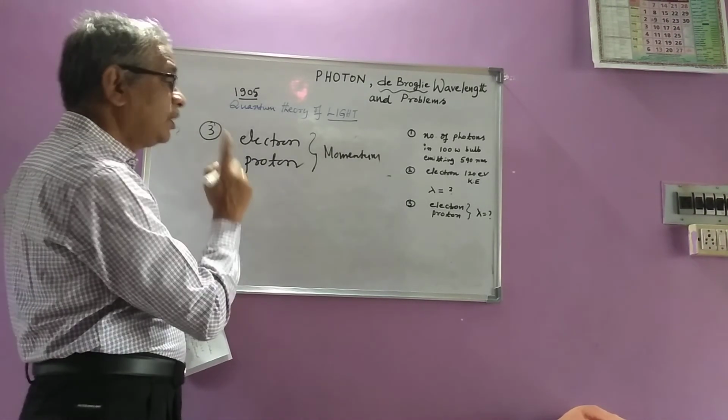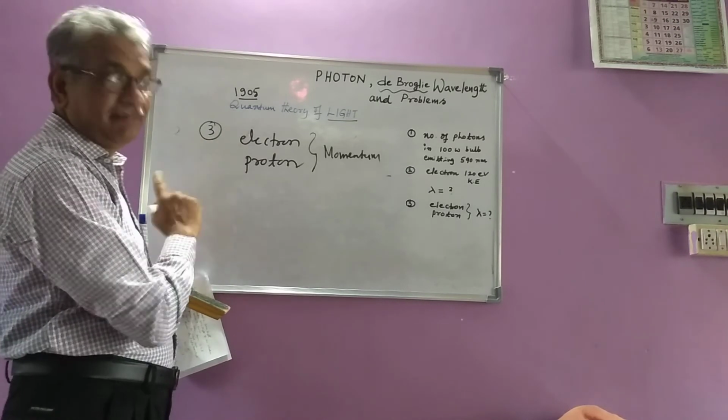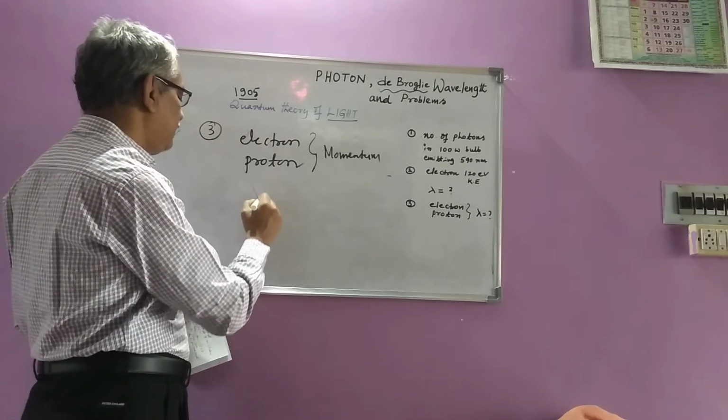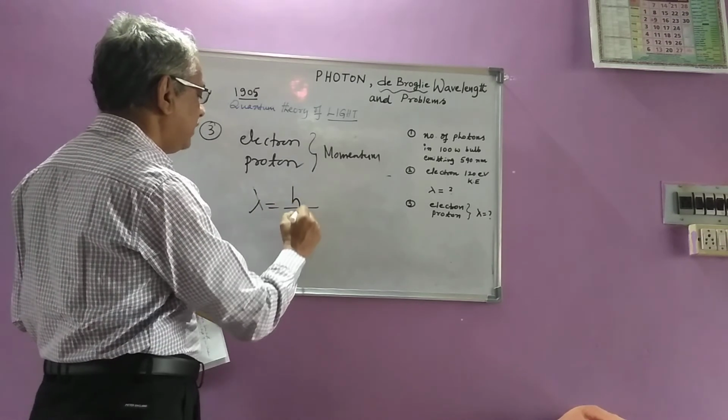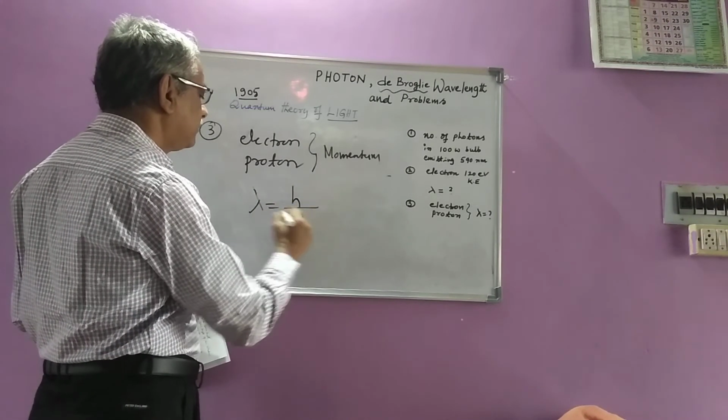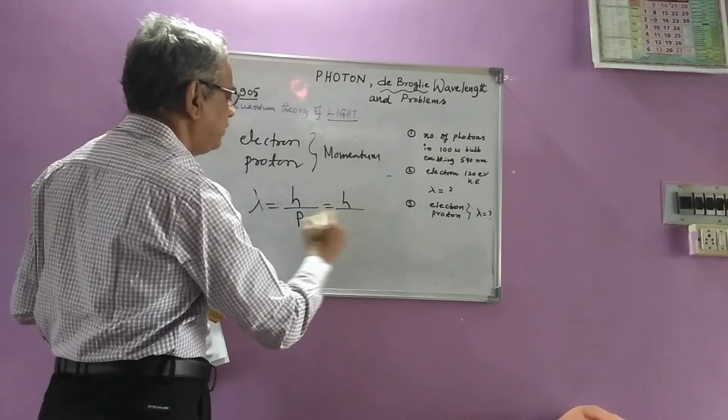Which has got more de Broglie wavelength? That was the question. So de Broglie wavelength lambda, you know that, is h divided by P, and h by P is h by mV.